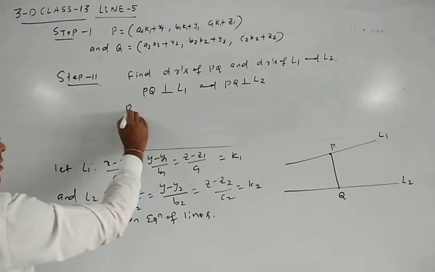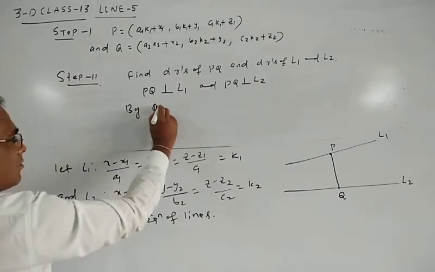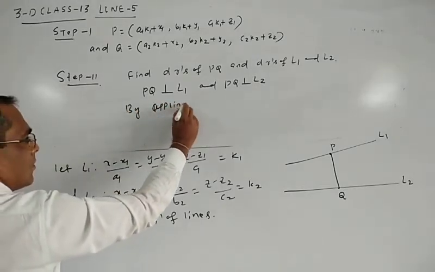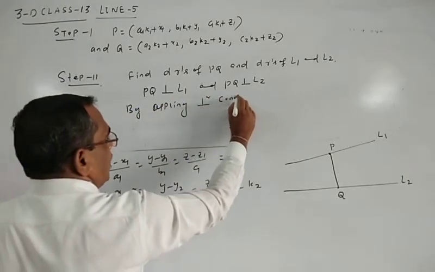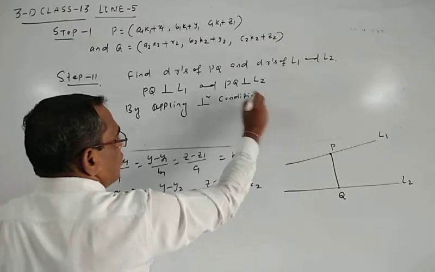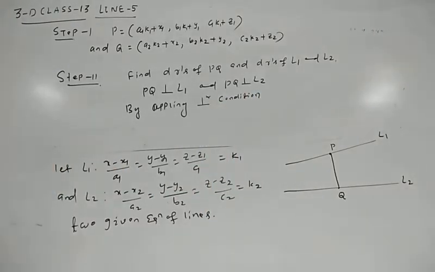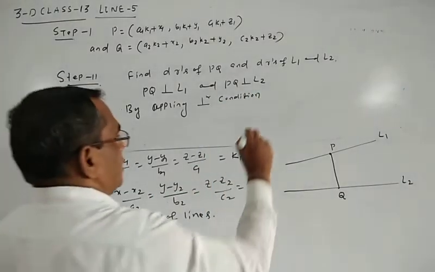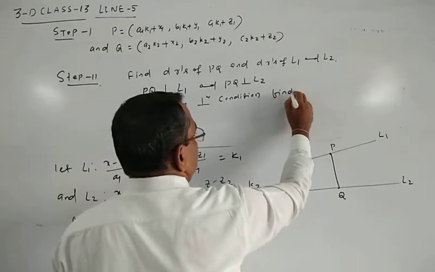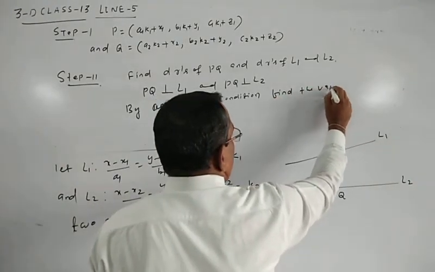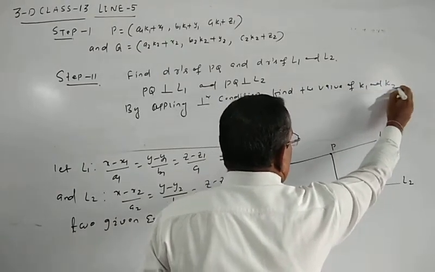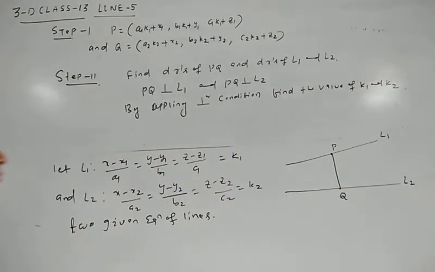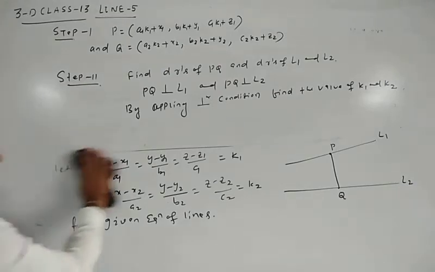By applying the perpendicular condition, find the values of k1 and k2.